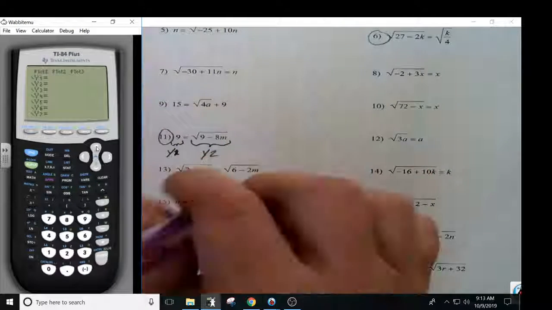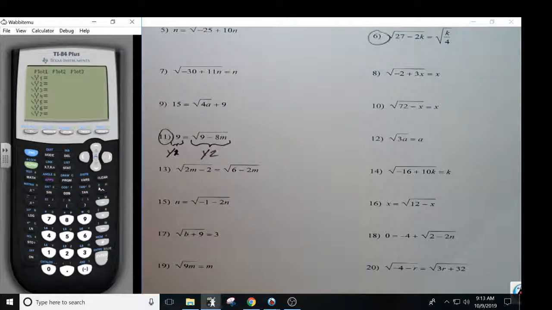So you're just gonna put 9 in y1, and then you're gonna put the square root of 9 minus 8x in y2.